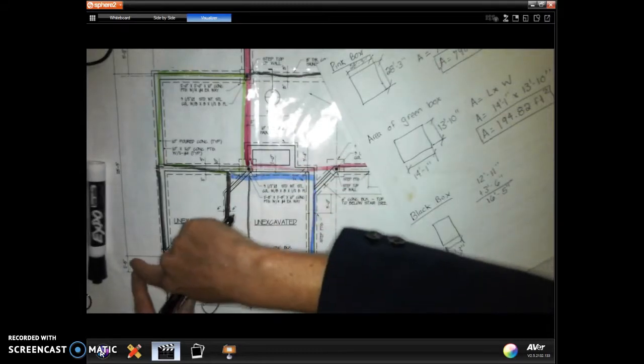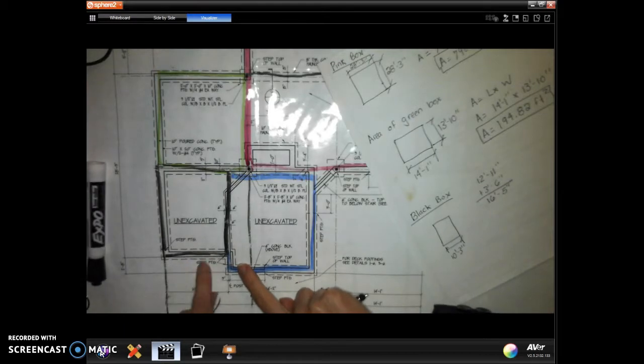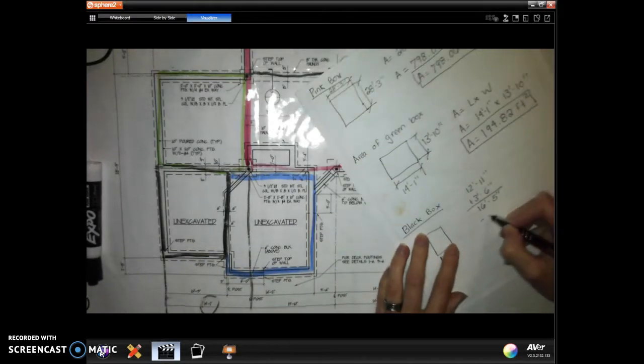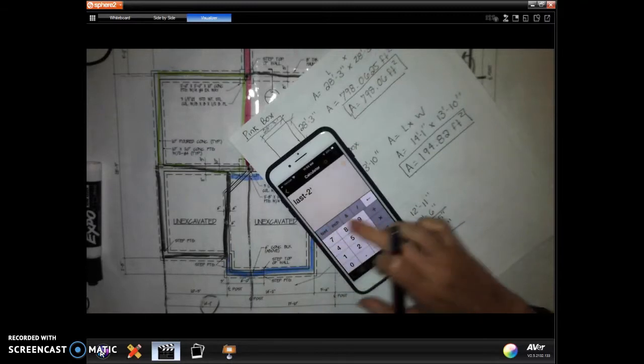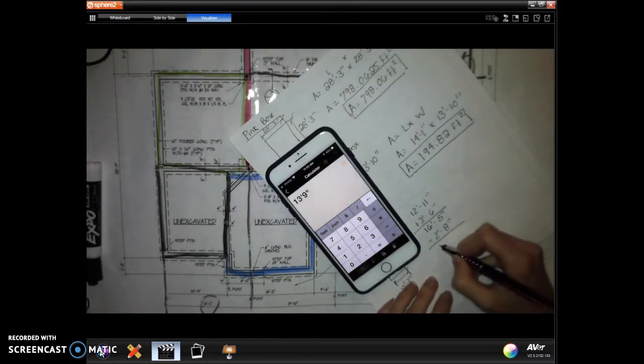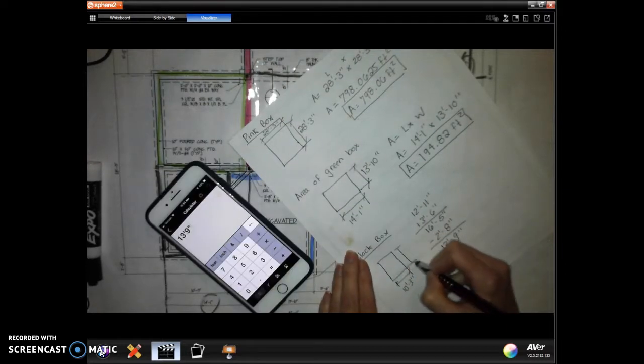And then I have to subtract out this 2 foot 8 dimension over here because this is all earth. There's no foundation in this zone. So minus 2 feet 8 inches and 13 feet 9 inches.